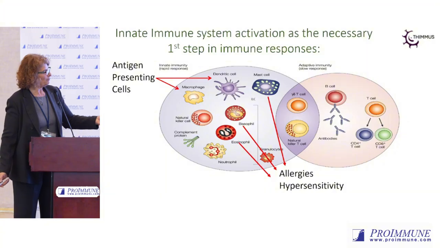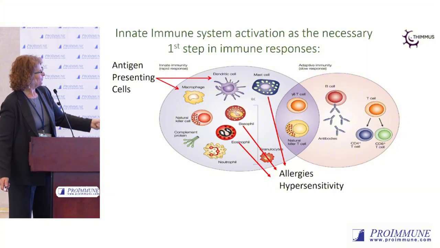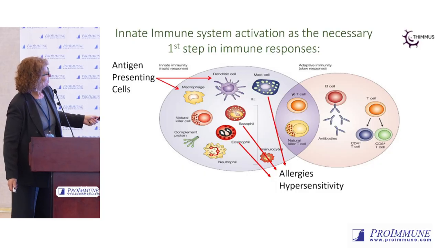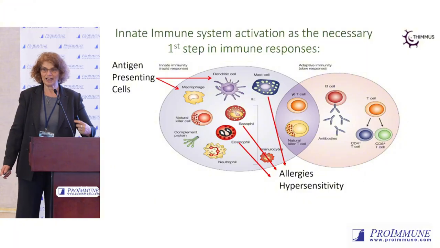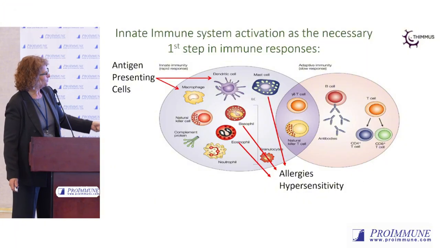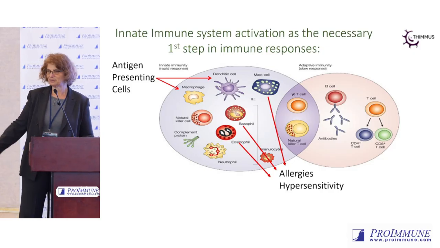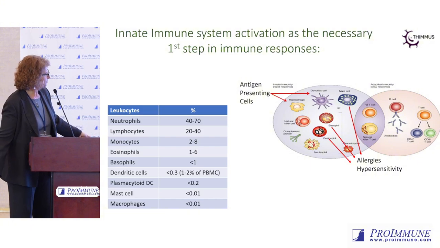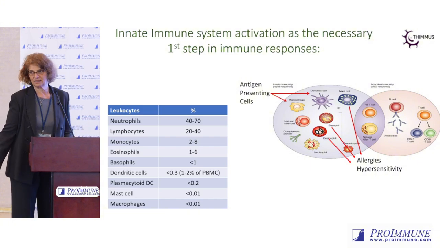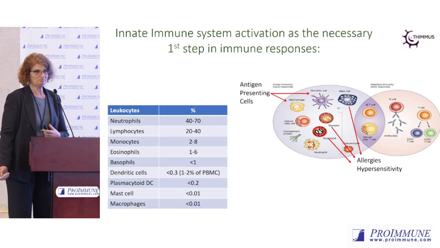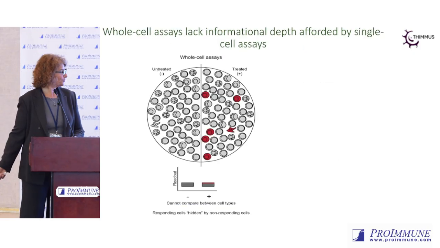So if we look at the cells of the innate immune system, in terms of antigen-presenting cells, the ones that you care about are dendritic cells and macrophages. Those are your really good antigen-presenting cells. And then basophils, eosinophils, mast cells are very important for allergies and hypersensitivities. All of those cell types are present in very low numbers in whole blood. And that can result in masking of our response, as we will see.